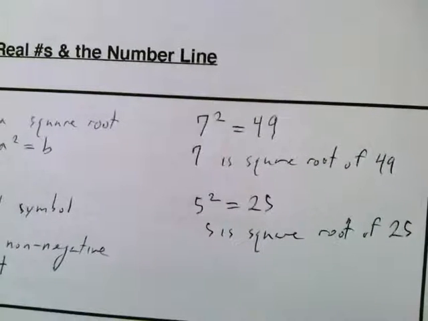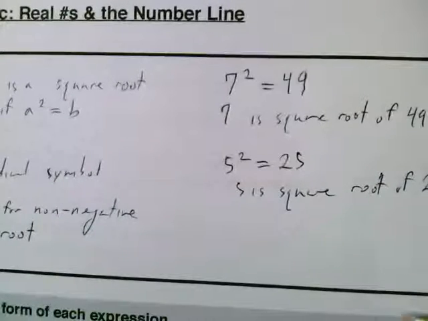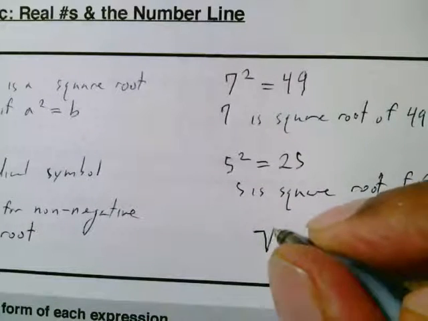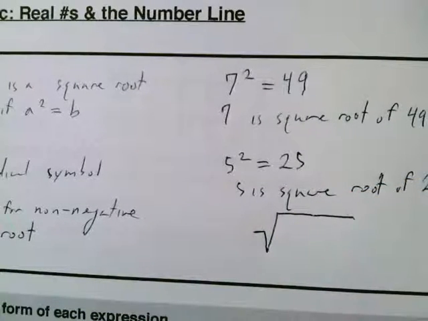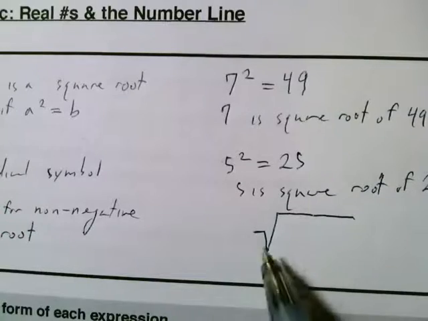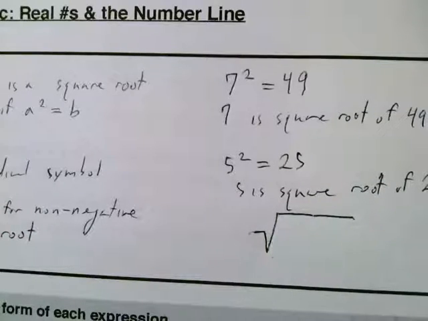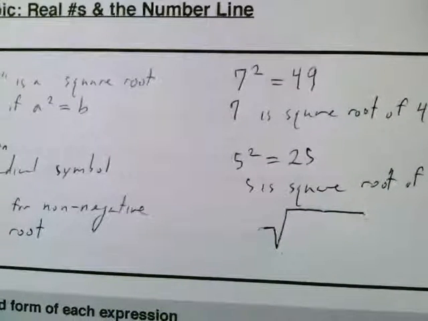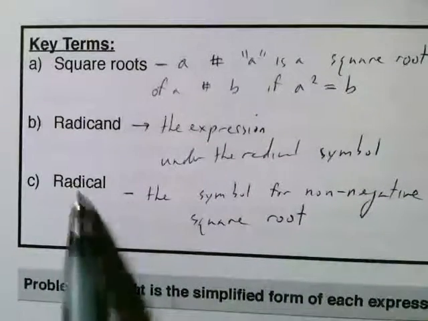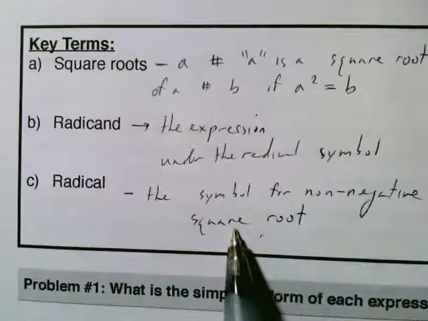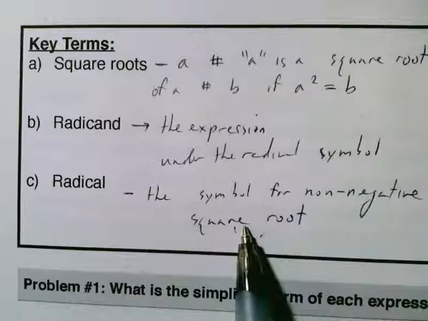The mathematical symbol for square root is this kind of strange symbol, like that, with a little bit of a hook. That symbol is called a radical. It's the symbol for the non-negative square root, so the answer is always going to be a positive number.